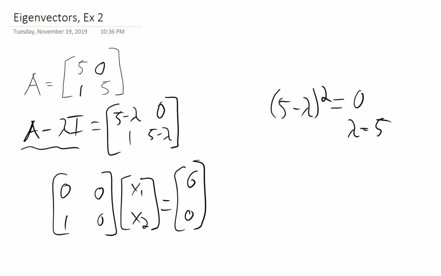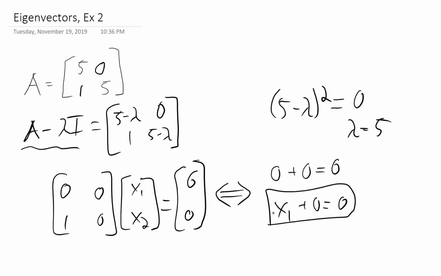Let's look at this as a system of equations. The first one says 0 plus 0 is equal to 0. That's manifestly true, but it's not terribly helpful to us. The second one says x1 plus 0 is equal to 0. So what we're really saying here is just that x1 is equal to 0.